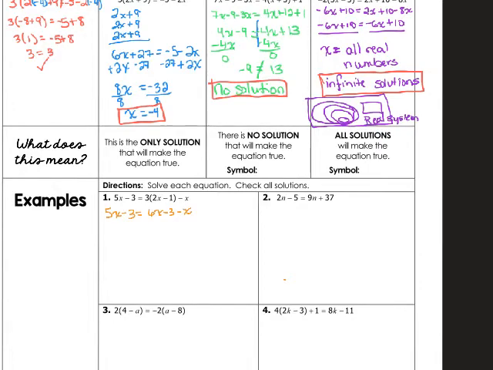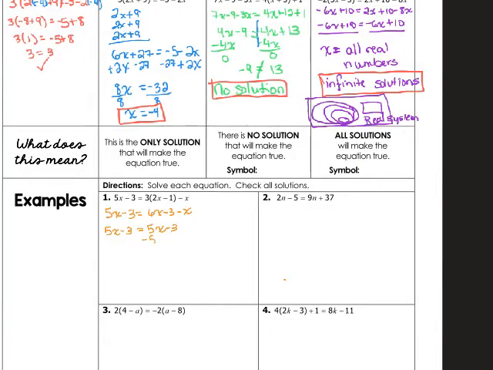Now we're going to add all like terms on the left, and all like terms on the right. And now we can see that 5x minus 3 equals 5x minus 3. So therefore we have an all real numbers solution.